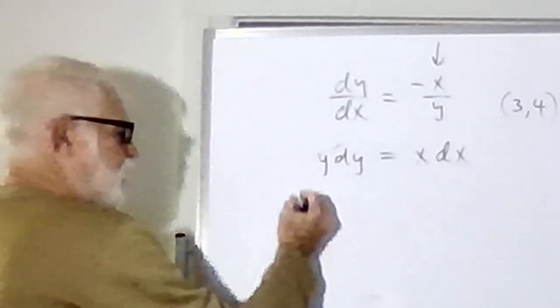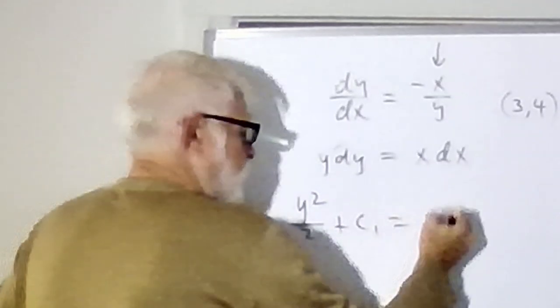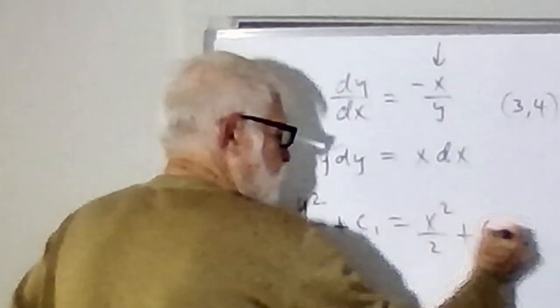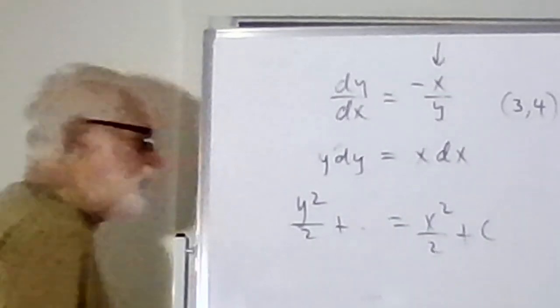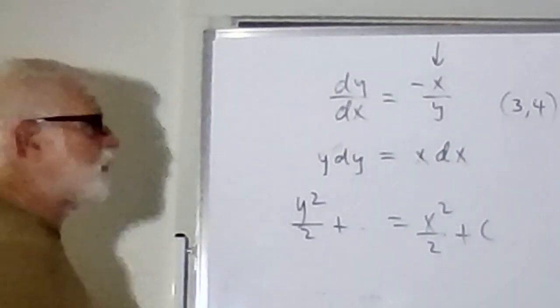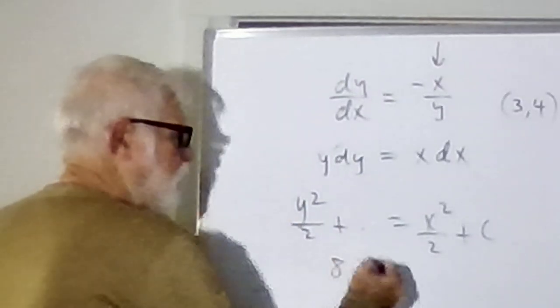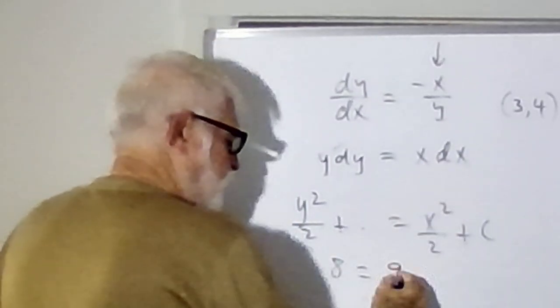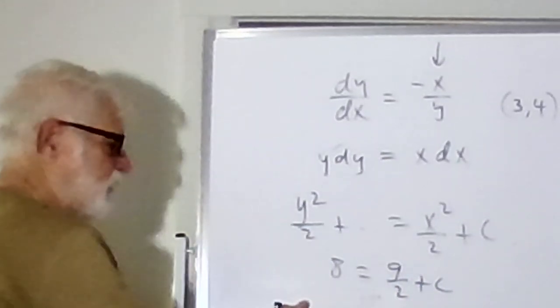Let's integrate both sides. We get y squared over 2 plus c1 equals x squared over 2 plus c2. Let's put our c's together and make it c3, and let's just call it c. Now's a good time to put a 3 and a 4 in. So if I put a 4 in, I got 8 on this side. I've got 9 halves on this side, plus c. And so I'm going to bring the 9 halves to this side.